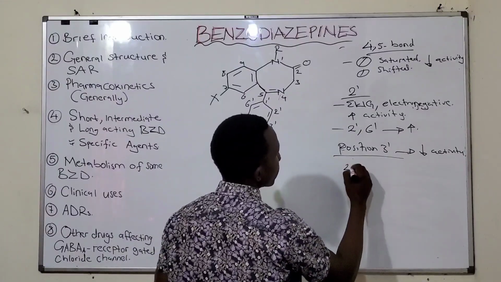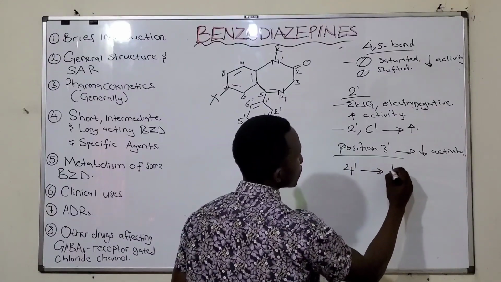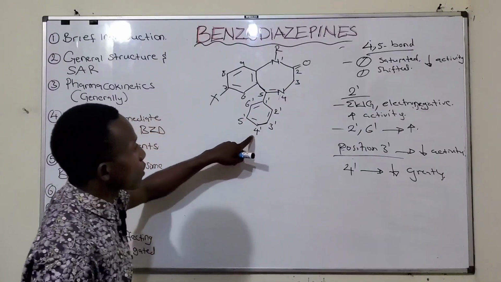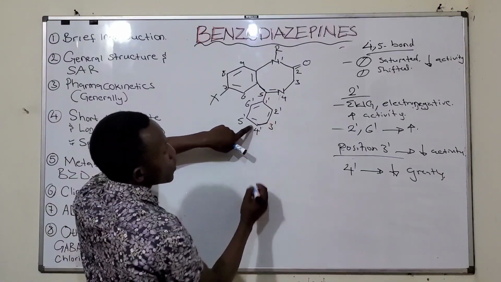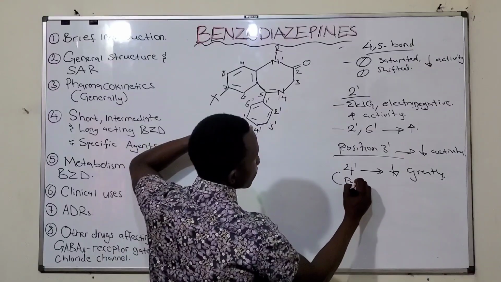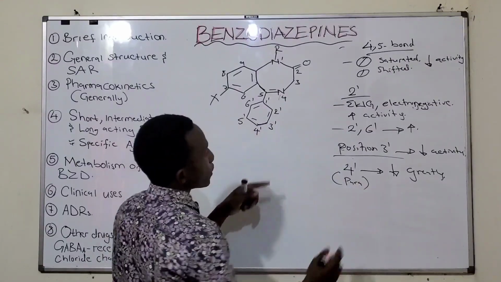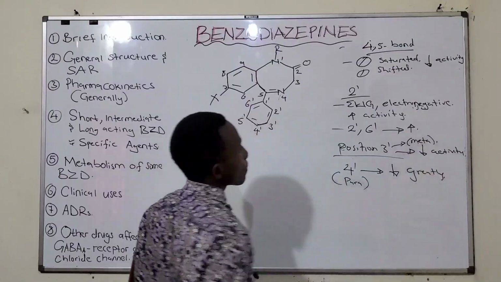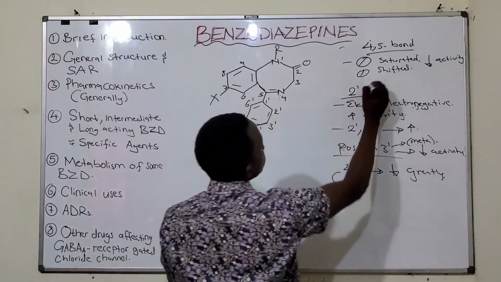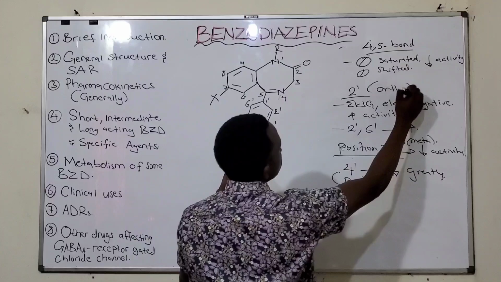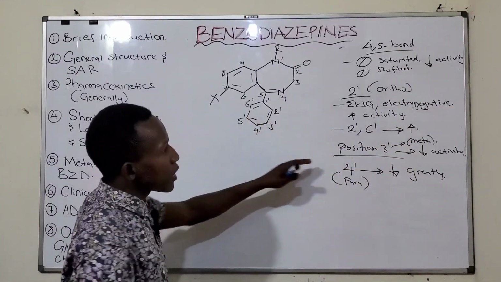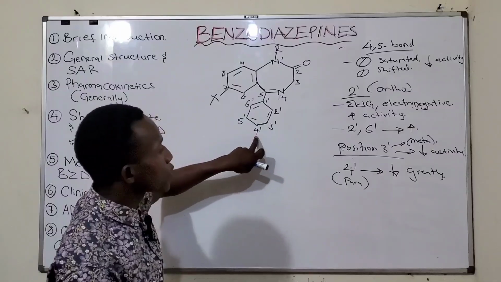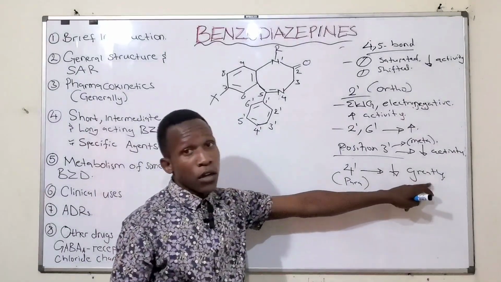And also at position 4', the activity decreases greatly at this position, or the para position. This is the para position, and this is the meta. But for the ortho position, that is 2' and 6', the activity increases. But at this position 4', or the para position, the activity decreases greatly.